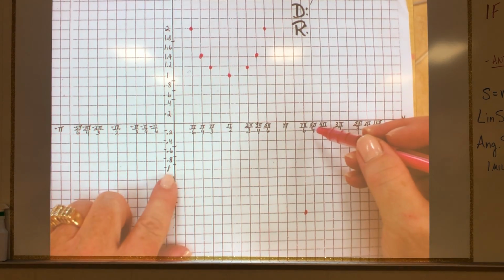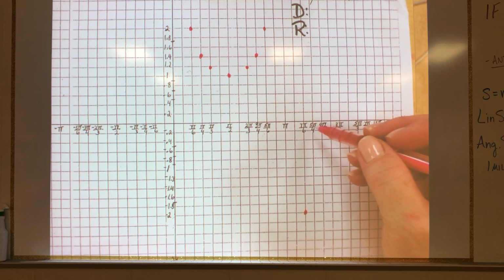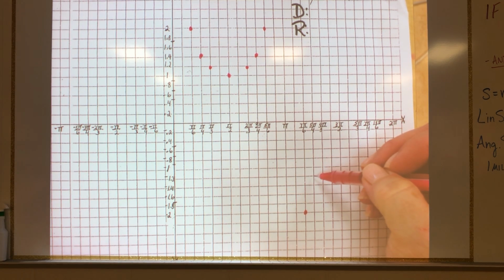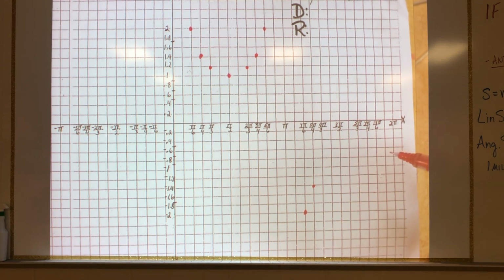So negative 1.4. Did I do that right? Something's wrong.